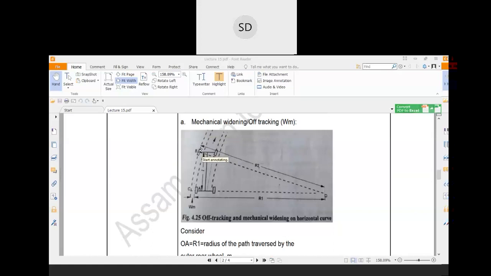These are the inner front wheels, and these are the outward front wheels. R2 is the radius of the path traversed by the outward front wheels.